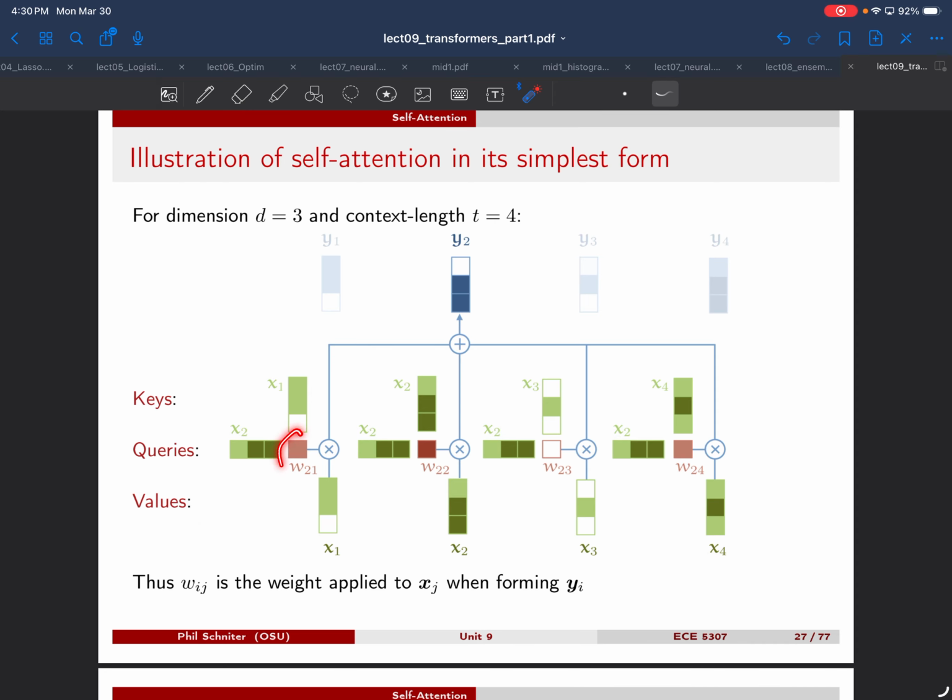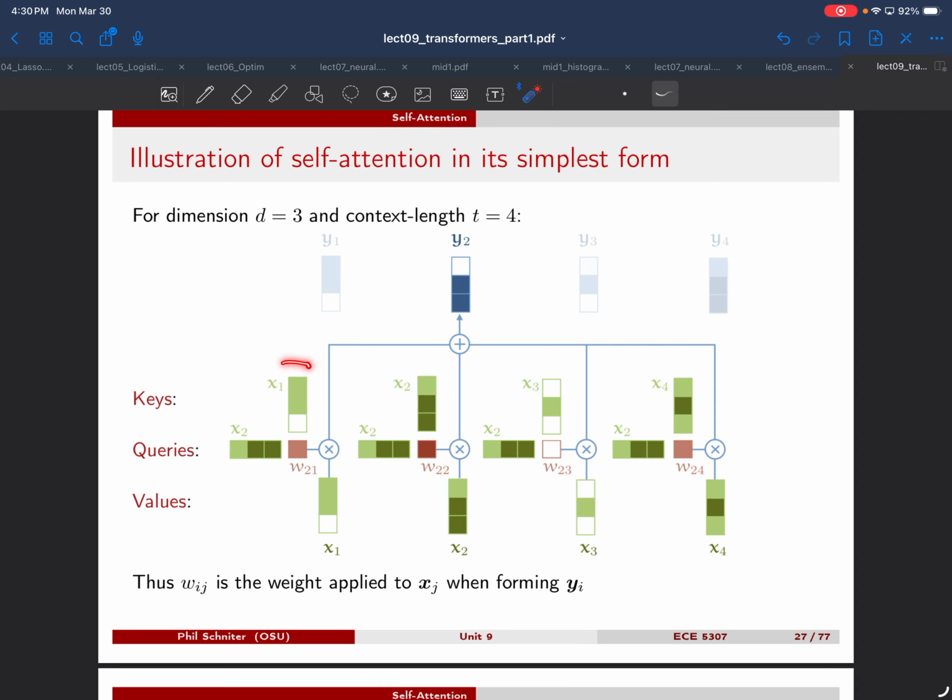Now to compute the weights, notice that if we're making y2, you'll see x2 is present in all these places. If we were making y3, you would see x3 in all these places. That's called the query. It's kind of like saying, when making y2, you're looking for something. This is what you're looking for when making y2.